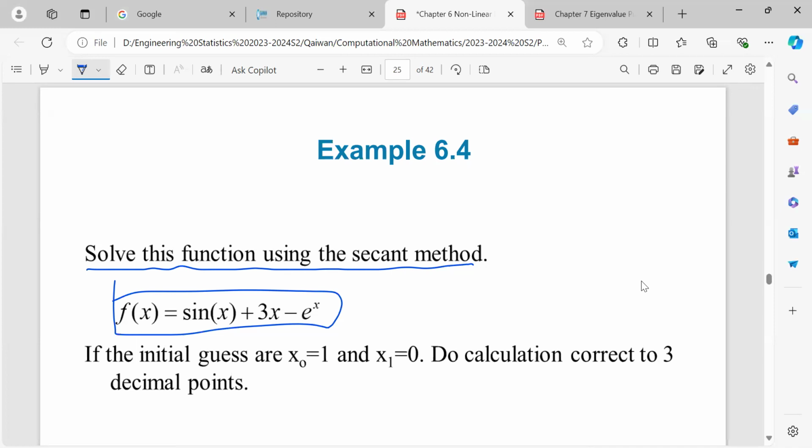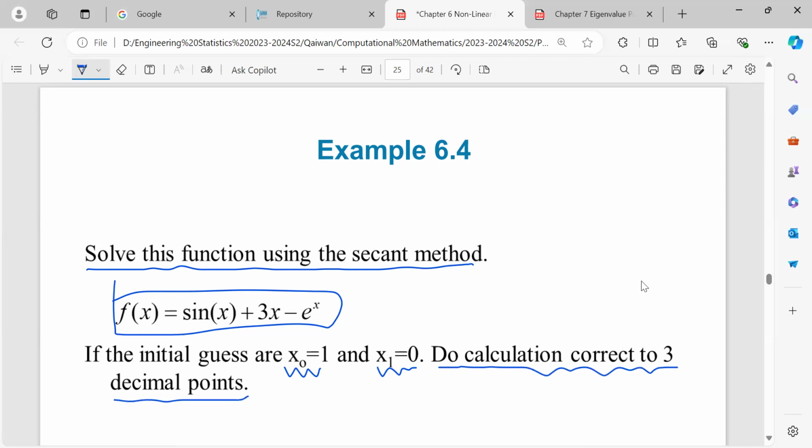The function is given, and the initial values, which are x0 and x1, are given. Also, it's given that we should do calculations correct to 3 decimal points.